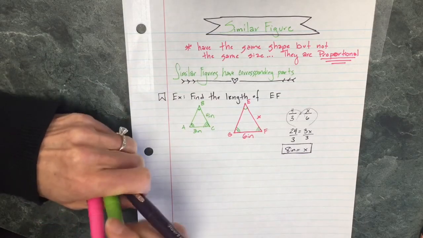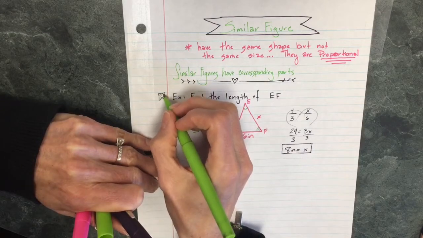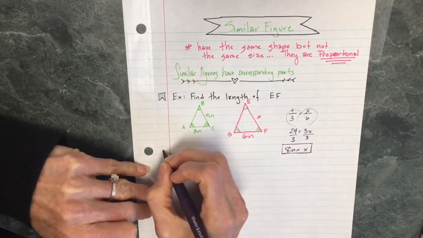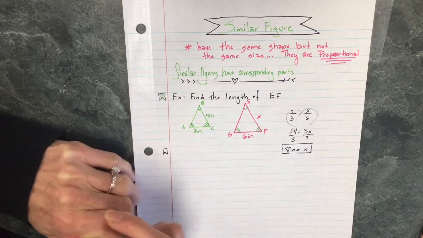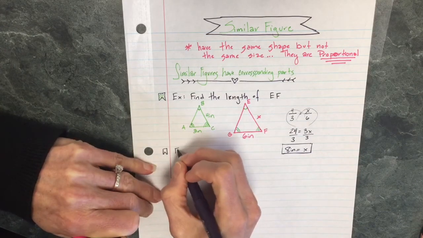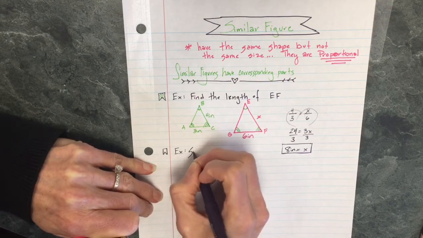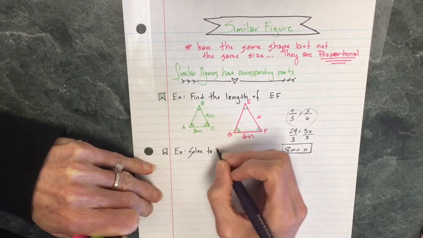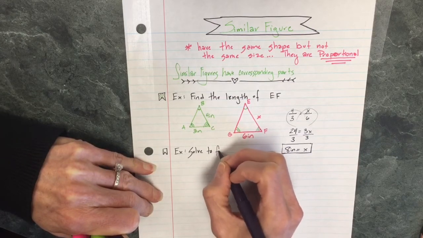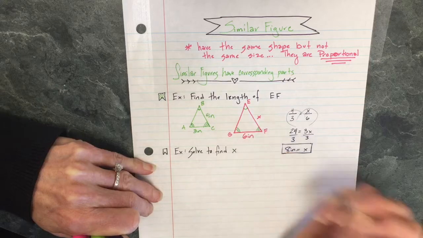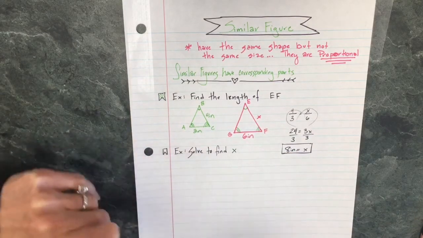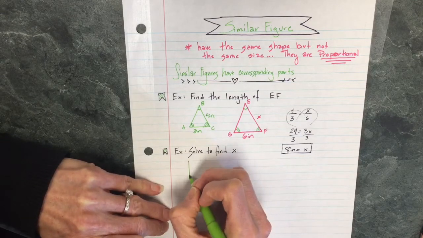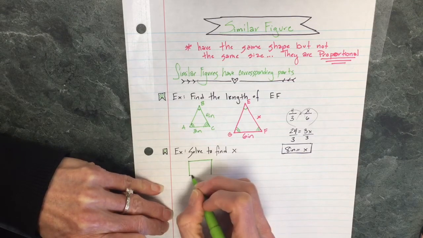So let's do another example. All right, what am I gonna do right here? This time the directions are a little different, but you want to do the same thing. So solve to find x. X being our unknown. And this time we have more of a rectangle shape.